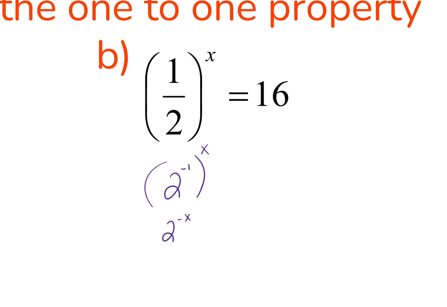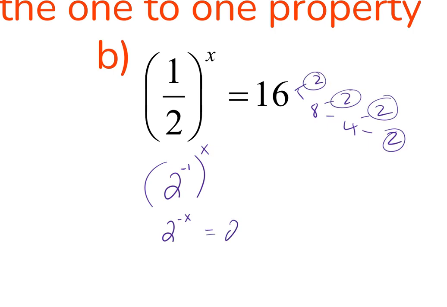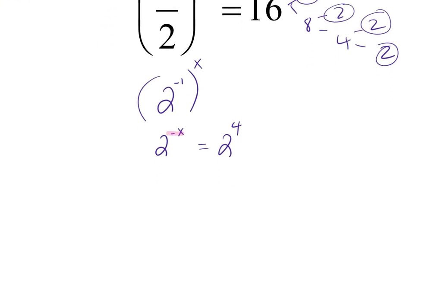Now on the right-hand side, I want the base to be 2. If you know it off the top of your head, rewrite it. If you don't, break it down until you get to all 2's, and then count them. 1, 2, 3, 4. So this is the same thing as 2 to the 4th. And now the bases are the same, so we ignore them and we set our exponents equal to each other. Multiply or divide by -1, and I get x equals -4.